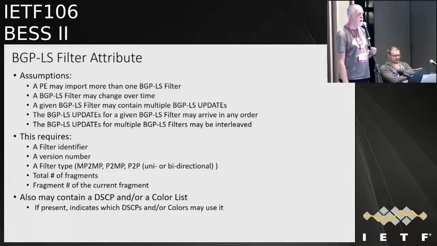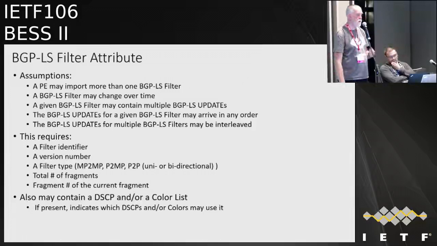The way we've defined it is that the BGP-LS filter may contain multiple updates, and that those updates may arrive in any order, and that they may get interleaved. So this is the assumption that there is no assumption, I guess.